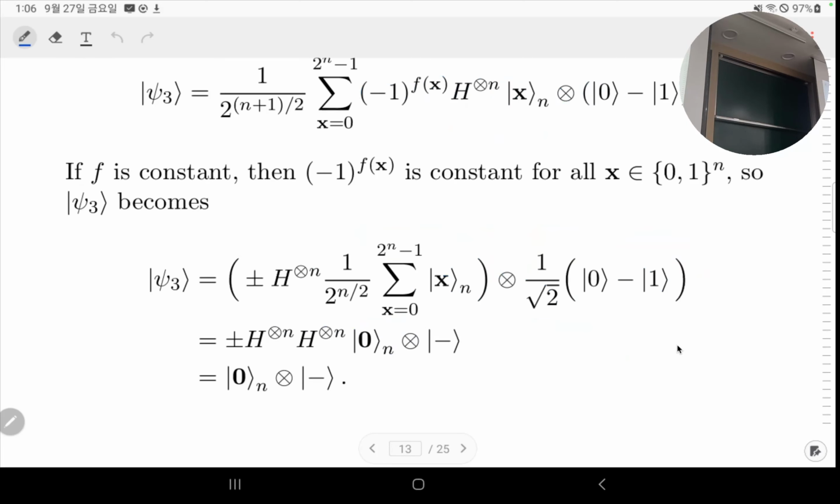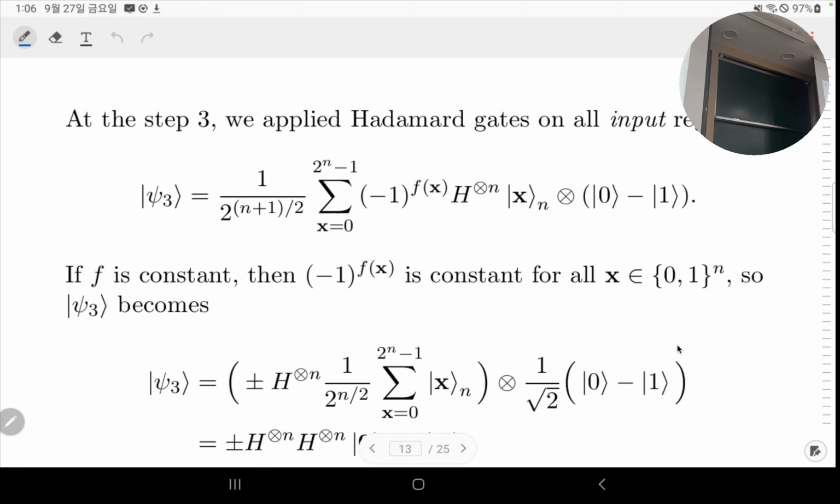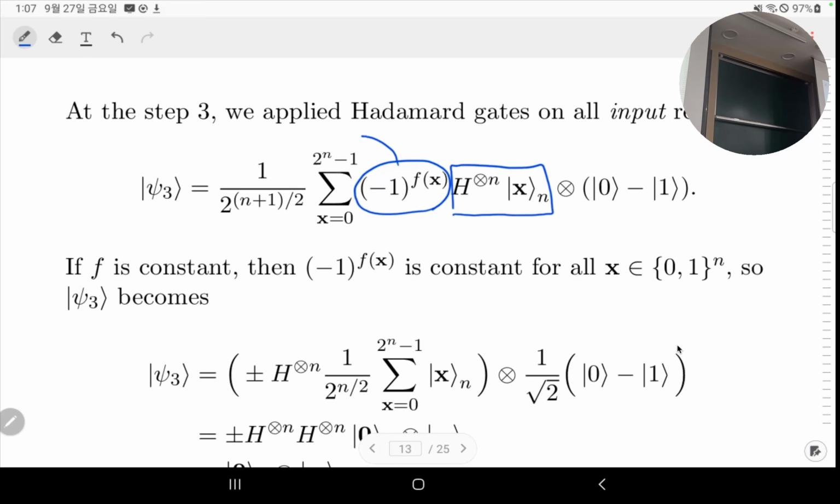Now you have to apply the Hadamard gate again. We're not going to compute it again because it's going to be complicated, but let's assume that we already did that, and make it a little bit simpler. Let's assume that the function is constant. In that case, the sign is all positive or all negative, no matter what x is. So I can take it outside of the summation, and it becomes a plus or minus here.